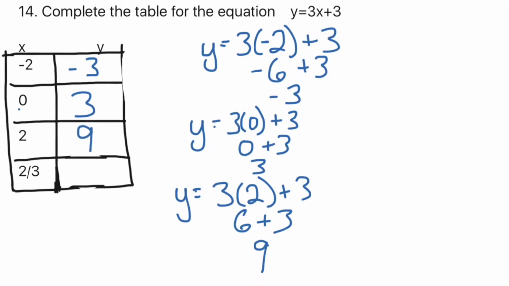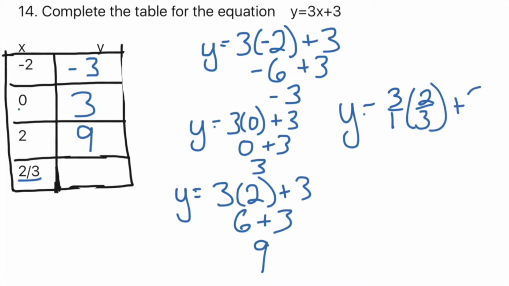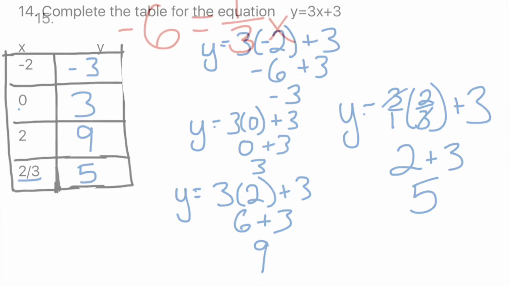Okay, and now let's do our last one, 2/3. So we have y equals, and I'm going to write 3/1. I'm going to write in fraction form since I know this is going to be a fraction that I'm plugging in, plus 3. So our 3's cancel, and we're left with 2 plus 3, which is 5. And there you go.